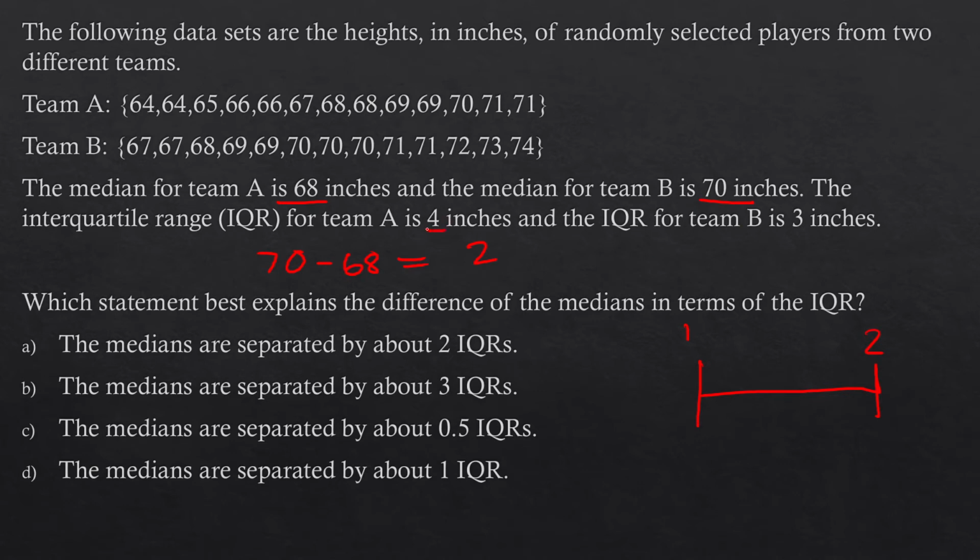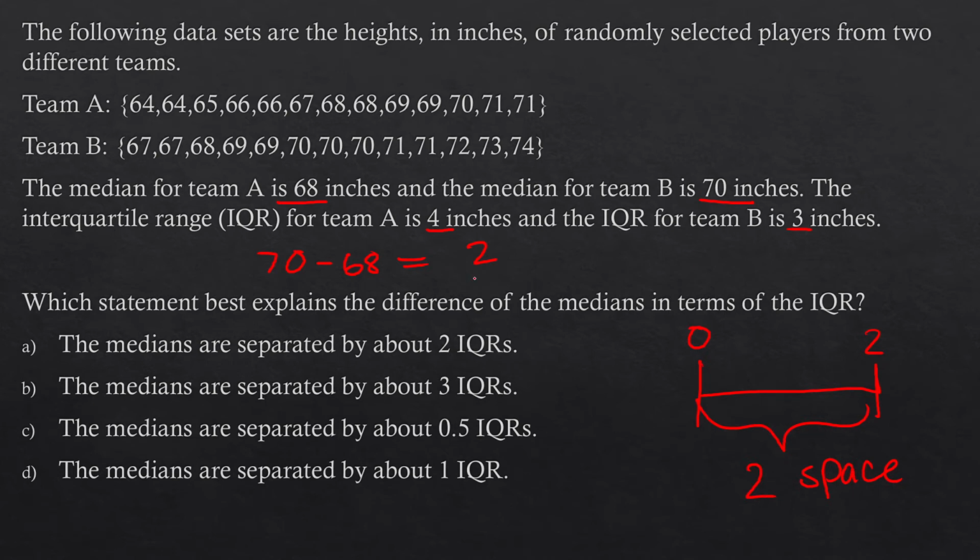Okay, so here's like a number line, here's my 1, and here's my 2. Then it tells me that my interquartile ranges are 3 and 4. So I'm traveling 2 spaces.